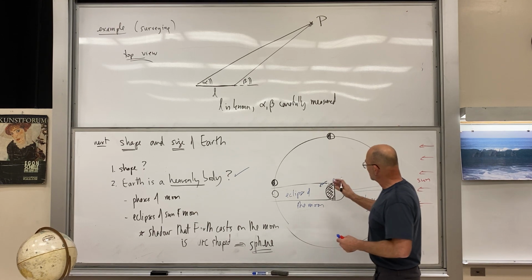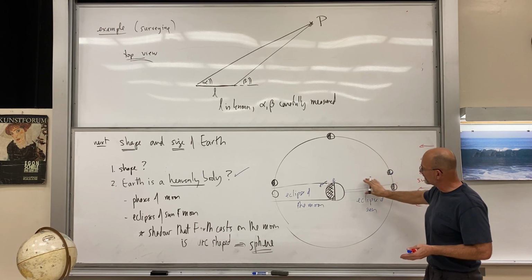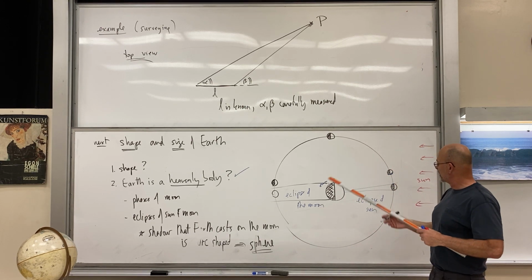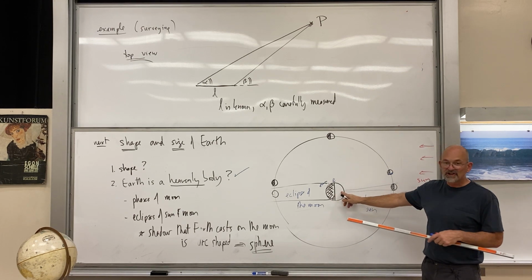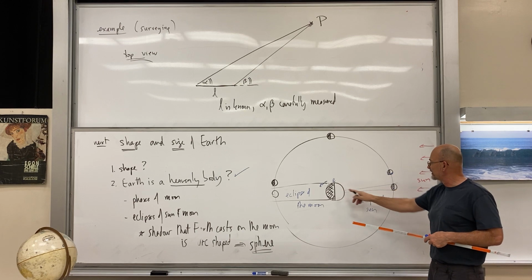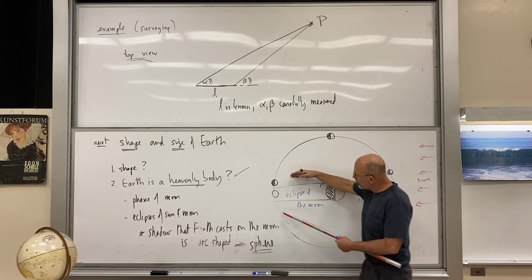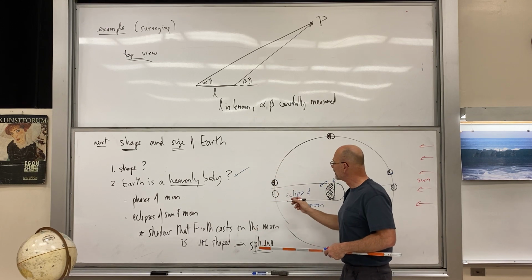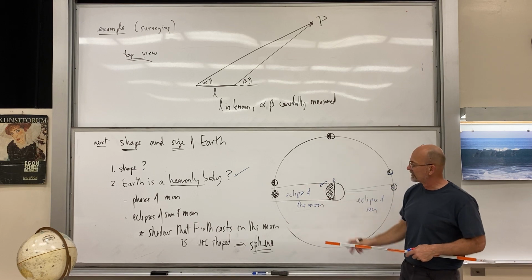Good. So this was a phase of the moon diagram. Got our eclipses of the sun and the moon. So when the moon casts a shadow on Earth and we're in that shadow, it gets dark. So that's an eclipse of the sun. And when the Earth casts a shadow on the moon and the moon is darkened, I've seen a couple of these.